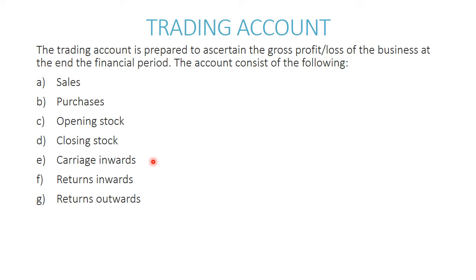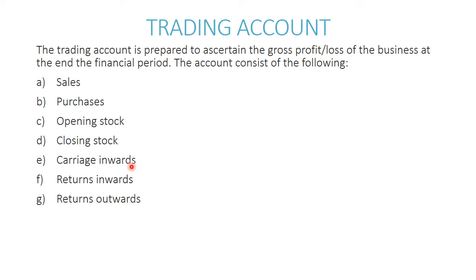Again, you yourself are also delivering goods from your suppliers, bringing those goods to your business. So the cost of transporting goods from the suppliers to your business premises is what is referred to as carriage inwards. Then transporting goods from your business to your customers' business places is what we call carriage outwards.